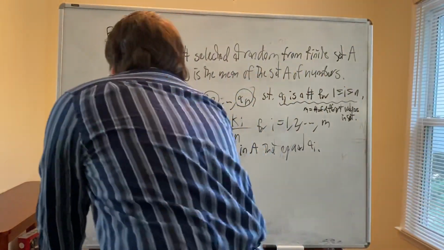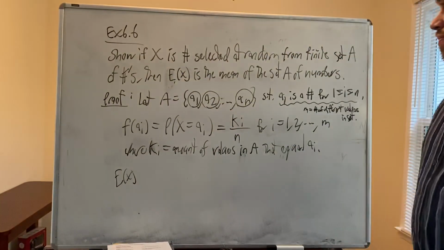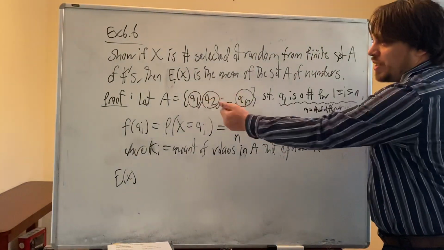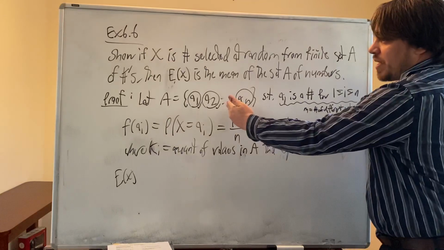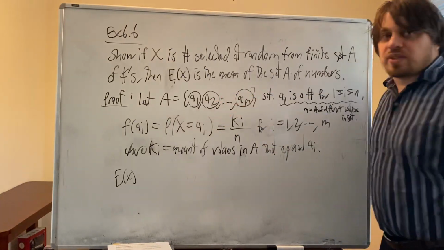Okay, so E of x. Let's say we arrange the a's so that if you chose the first little m of them, they will be different, and then the rest of them are the same as the first little m.